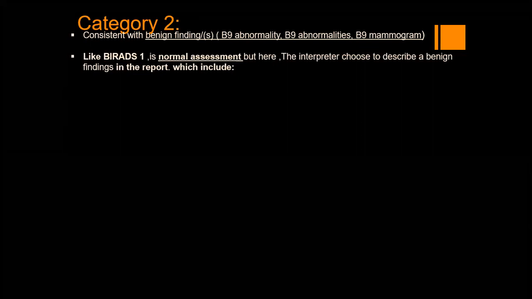Less dense mass on mammogram: dense on mammogram but becomes less dense on spot magnification or spot compression view. What are other benign findings? Benign foreign body, breast implants, okay. What else?